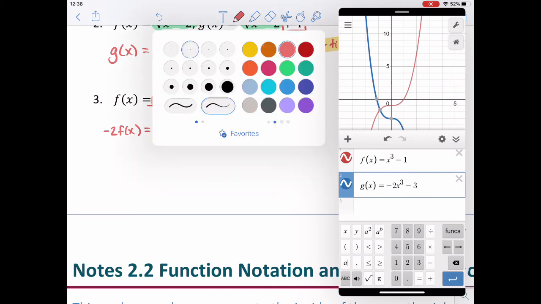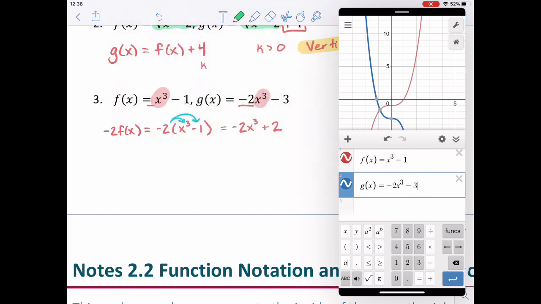Now the only difference is this is a plus 2 and this is minus 3. So how do we make positive 2 into negative 3? Well, we would have to subtract 5. So we're going to take negative 2 f of x, which we already found, and subtract 5 from it. Negative 2 f of x was negative 2x cubed plus 2.